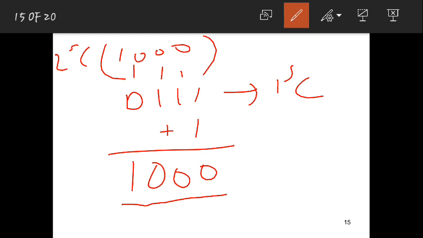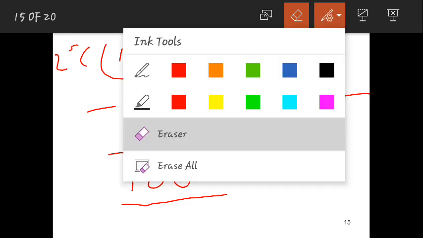So what was here? It was 8. 1 0 0 0 means 8. When I took the ones complement, what I got was 7. This was the value for 7. Next, after this, these numbers we'll see later. First see the procedure, don't get confused.